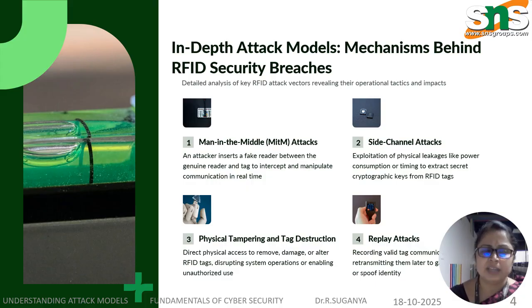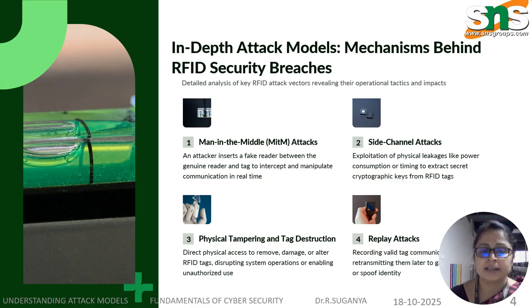So we have many real-time examples also. Side channel attacks: before sending data from the customer place to client systems, we can see many data breaches happening. Next is physical tampering and tag destruction: direct physical access to remove, damage or alter RFID tags, disrupting the system's operations or enabling unauthorized use.